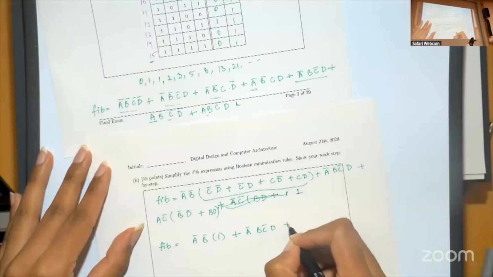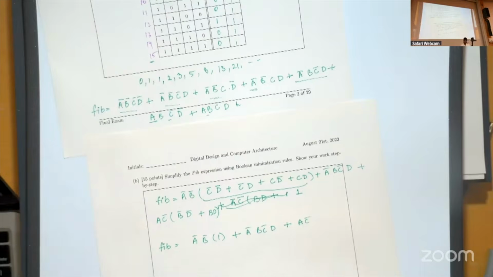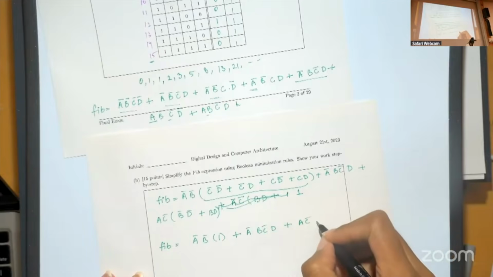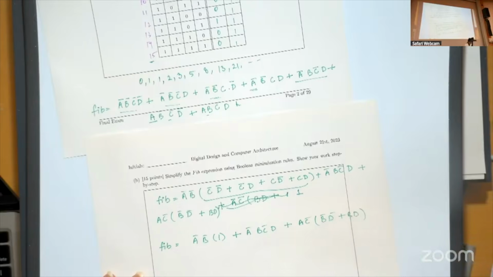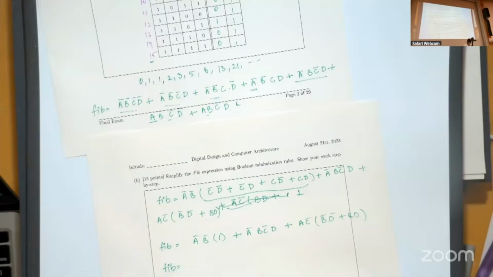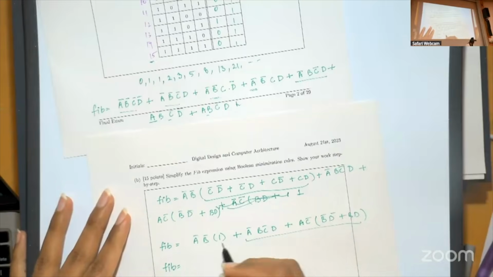A bar, B, C bar, D plus A, C bar. Just give me a second. And B bar, D bar plus BD. So from this expression, you can again take C bar out.